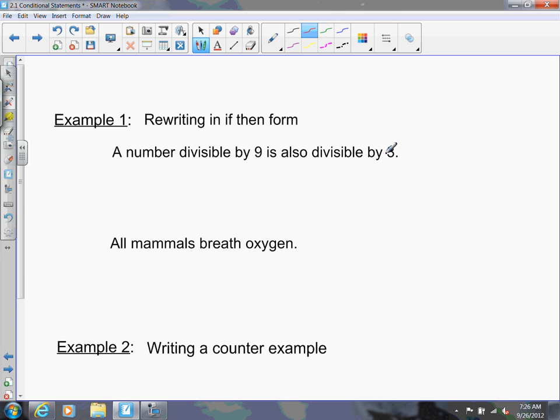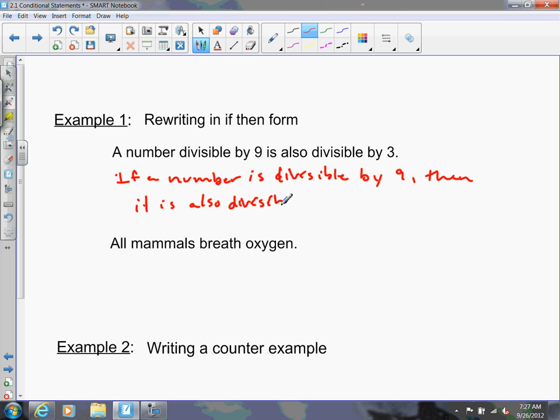There's the conclusion. So I'm going to rewrite this, and I'm going to say if a number is divisible by 9, then it is also divisible by 3.